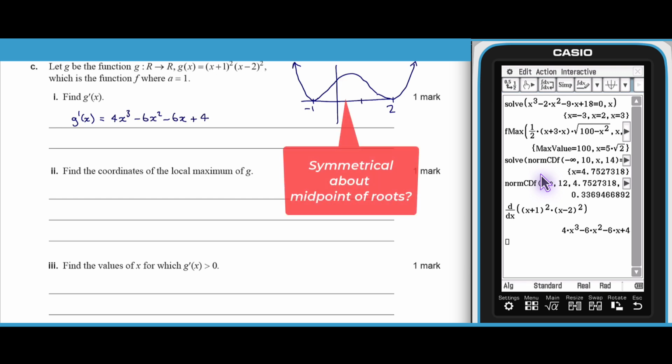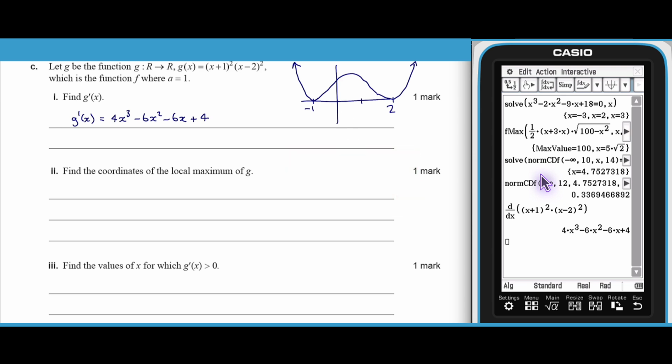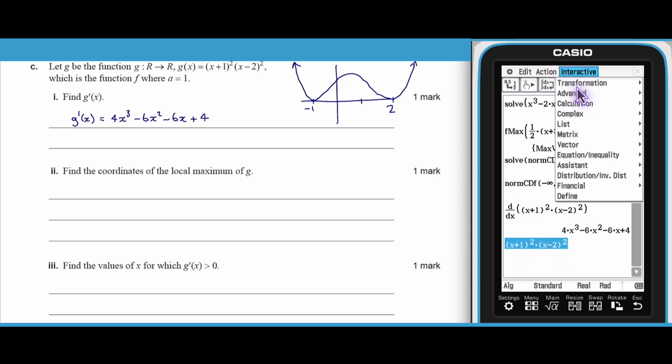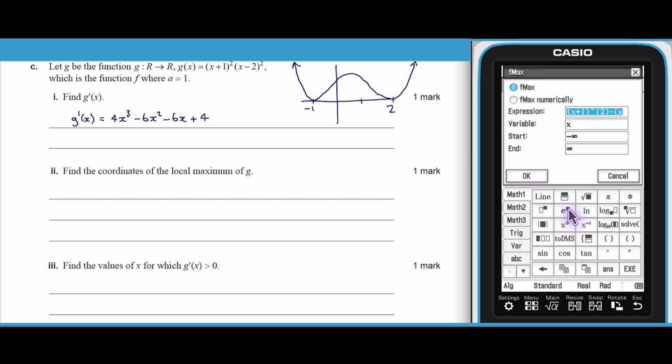By symmetry, I think the local maximum of this graph will be halfway between its roots, so at x equals a half, but I'll confirm this and find the y-coordinate of the local maximum by applying the fmax command to g of x, limiting x to values between -1 and 2.